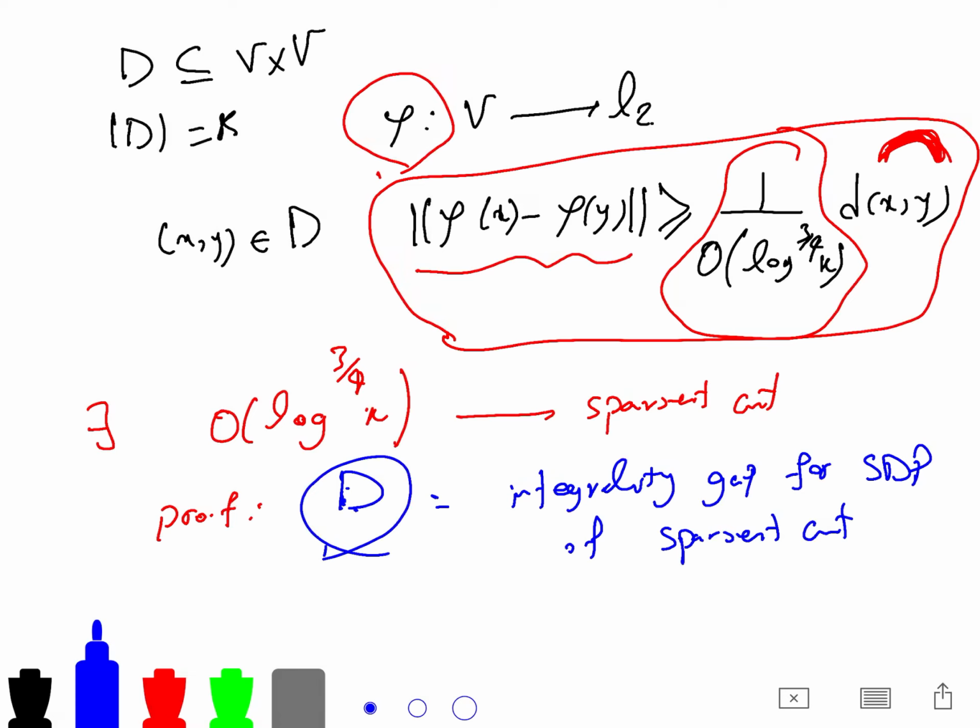It's very interesting that this relates to the sparsest cut problem, and we can use the metric embedding paradigm for something as important as the sparsest cut problem.